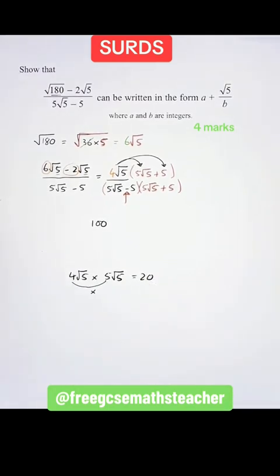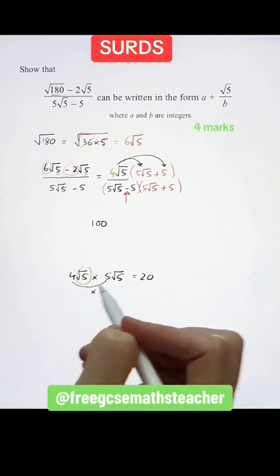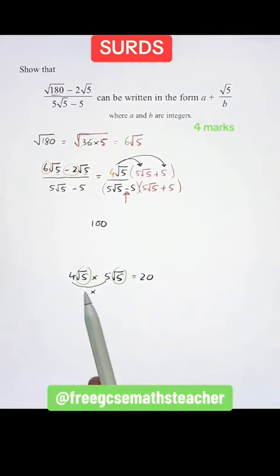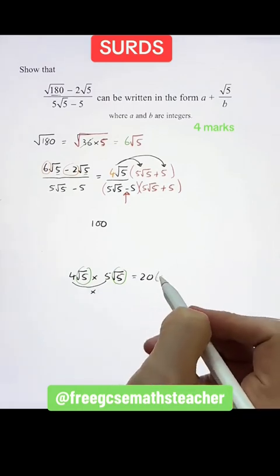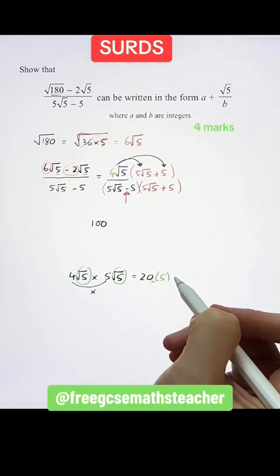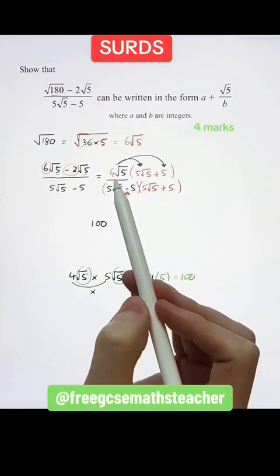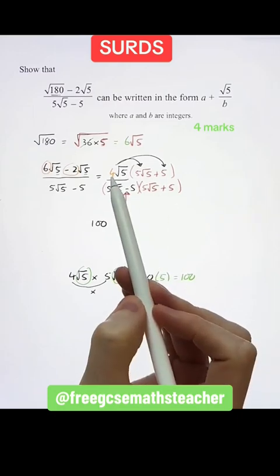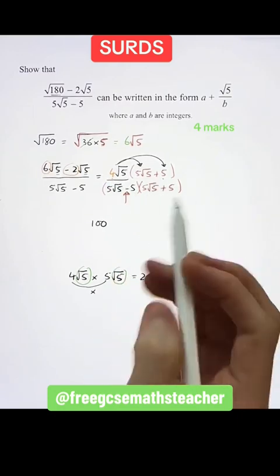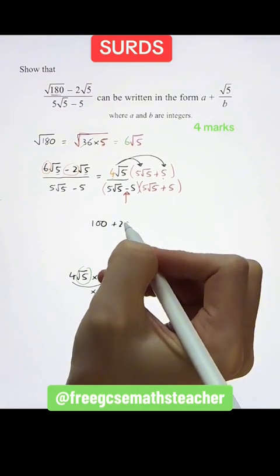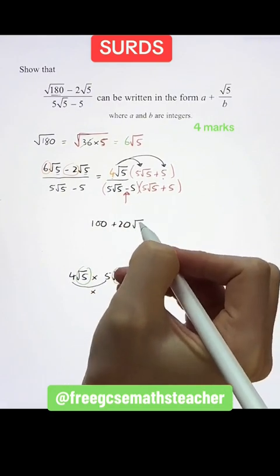And another rule of surds is that if you times a root by itself, you just get the number back. So root 5 times root 5 is simply 5, and 20 times 5 gives us 100. My second term on the top: 4 root 5 times 5. 4 times the 5 on the outside will give us plus 20 lots of root 5.